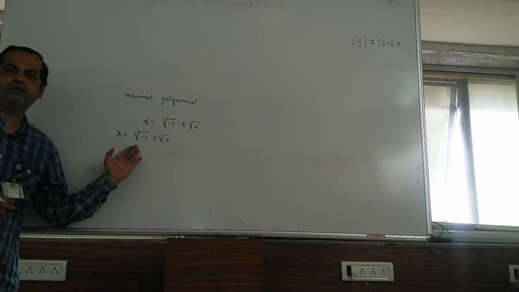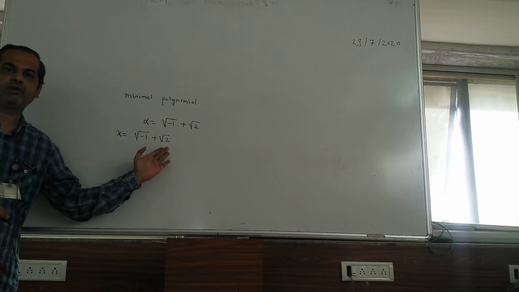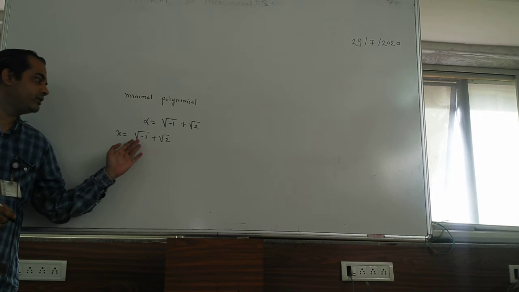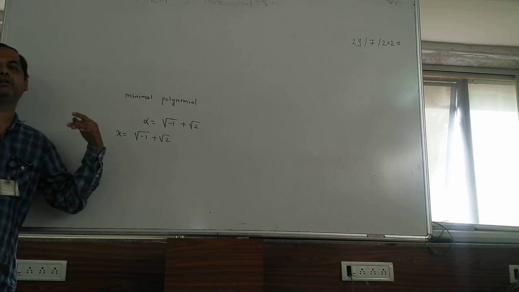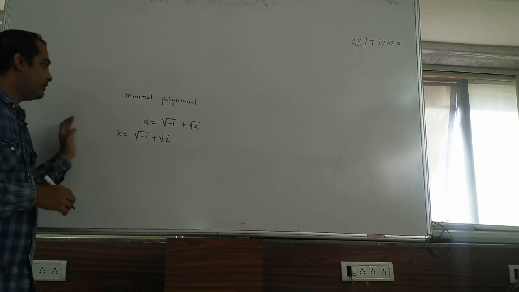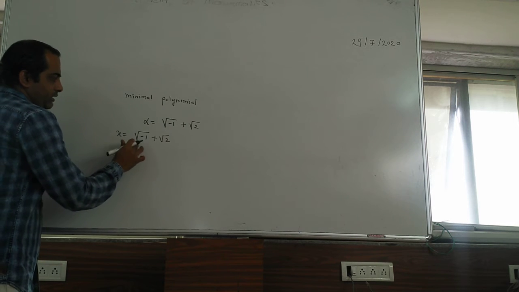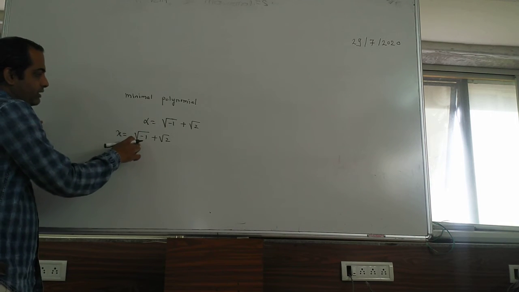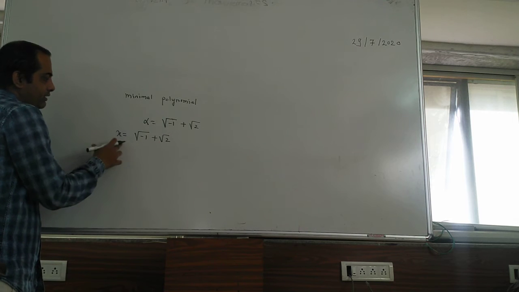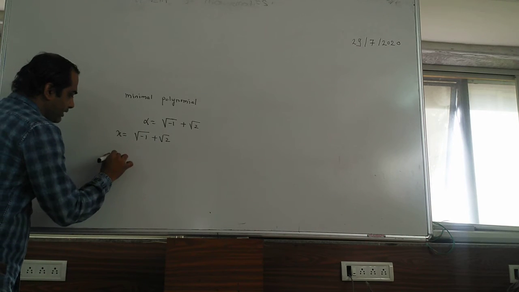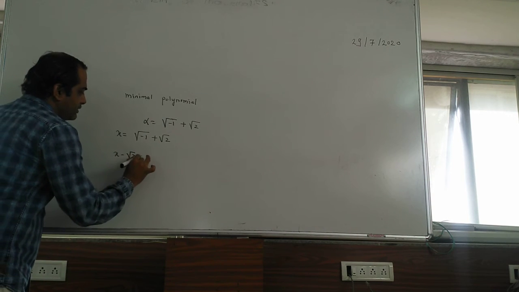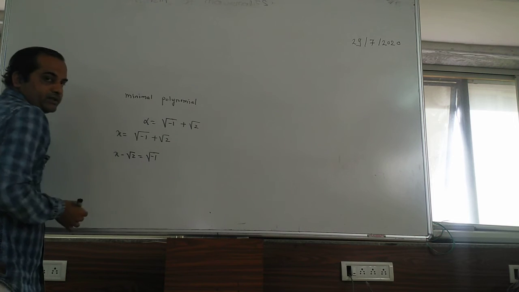Now this is also not a rational number. Okay, either you can take it to this side and take the squares. That will be a simple process. So x minus root 2 is equal to square root of minus 1, that is i.